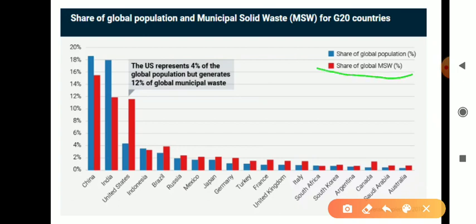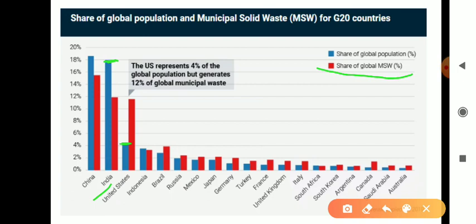And the share of global municipal solid waste, means how much waste each country is producing in the world. For India, it is sharing 18% of the global population, and the United States is sharing 4% of the total population in the world.